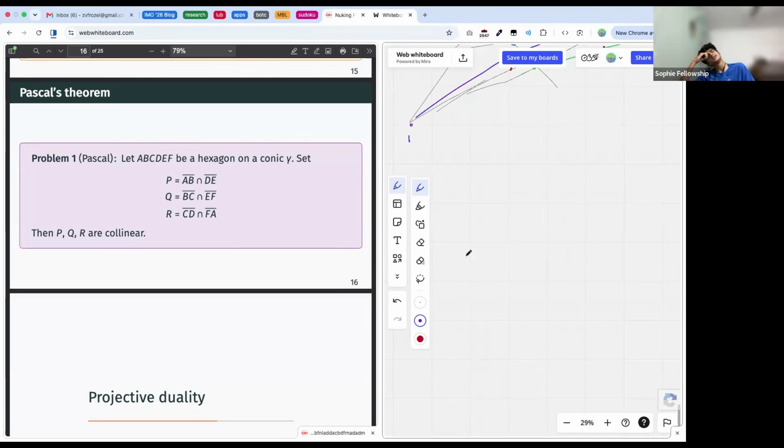Can we directly cite duality during a contest? What would you want to cite is the question. Can we take the dual of a theorem and prove it? Yeah, I think I have done this.